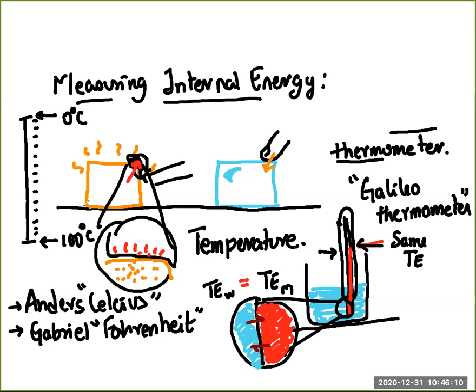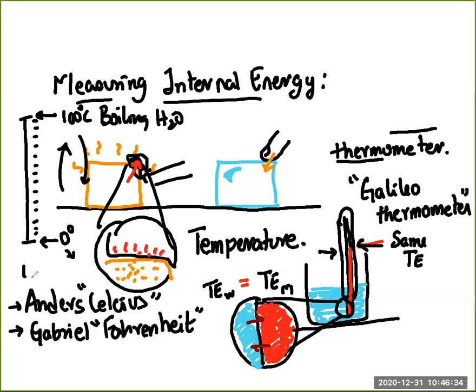Okay, but of course later these two points were switched, and the temperature at which water boils became 100 degrees Celsius, and 0 degrees Celsius became the temperature at which ice melts. Okay, and that is how we came up.